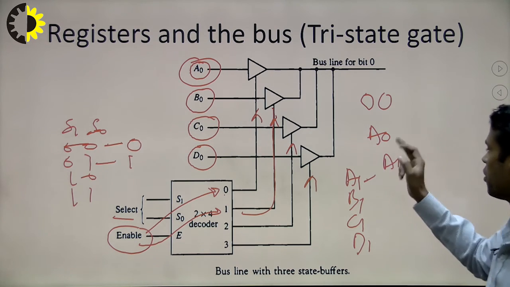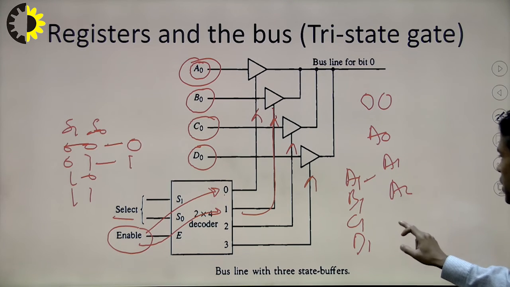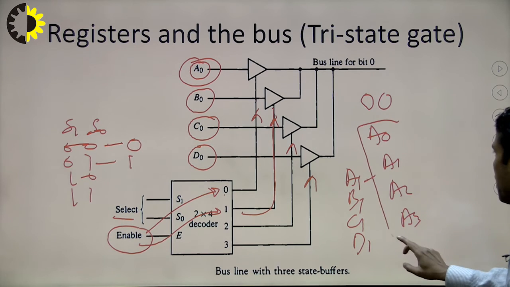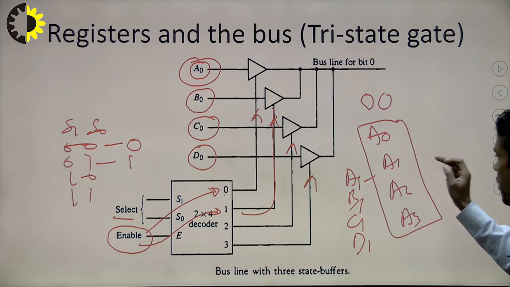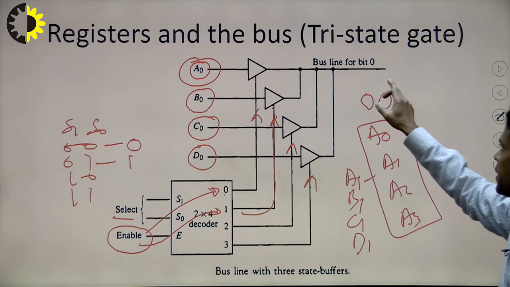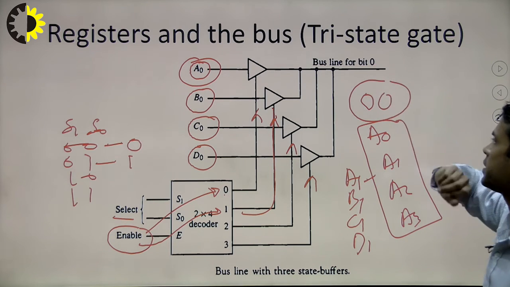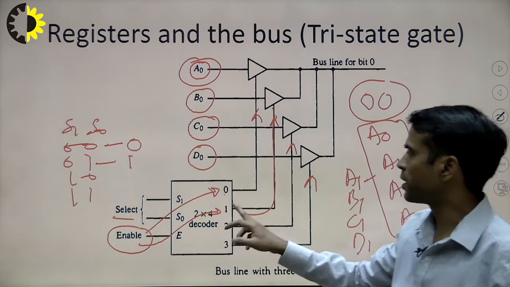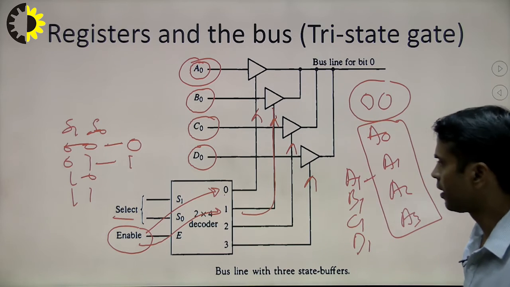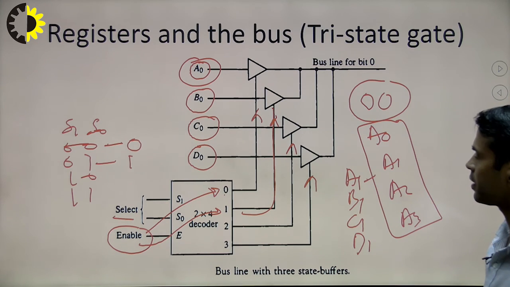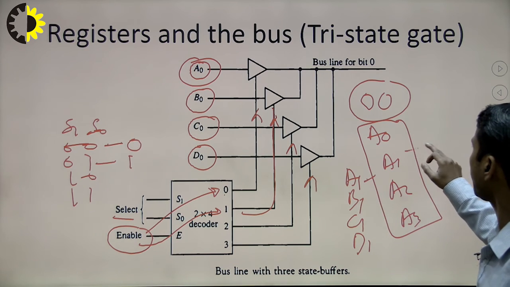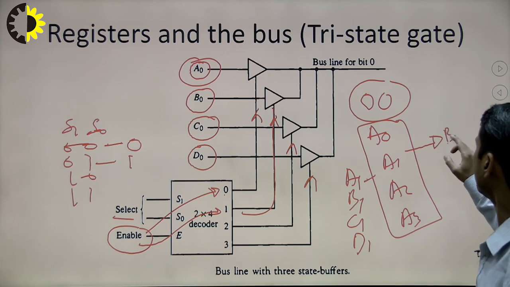Then for 00 it will select A2 also, and then A3 also. So, you can see all the bits of register A, A0, A1, A2 and A3, are selected using the tri-state buffer to transfer data from register A to the bus.